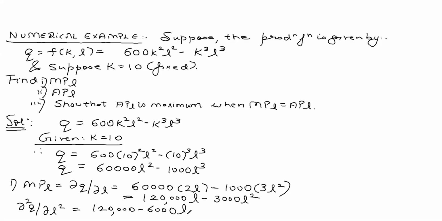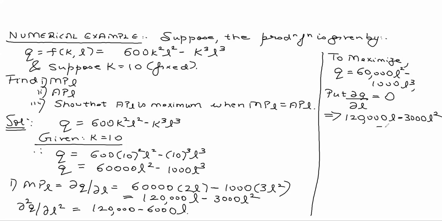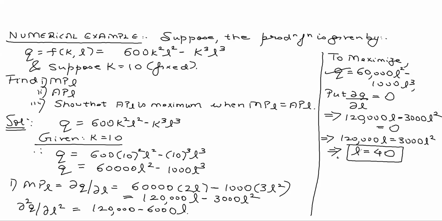So to maximize Q, which is 60,000 L square minus 1000 L cube, put the first order derivative del Q by del L equal to 0, which implies 120,000 L minus 3000 L square is equal to 0, which implies 120,000 L is equal to 3000 L square, which implies L is equal to 40. So output is maximum at L equal to 40.